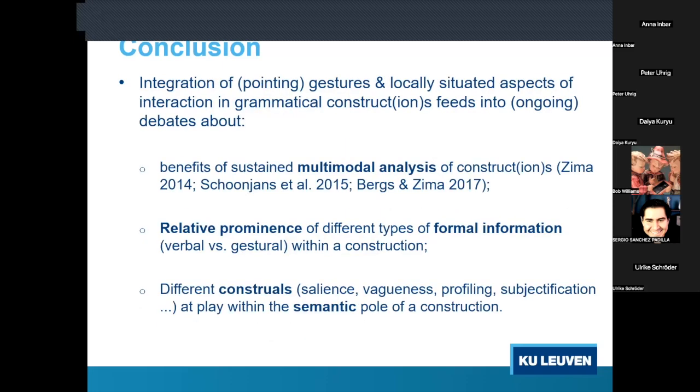So integration of gestures and locally situated aspects of interaction in grammatical construction feeds into ongoing debates about multimodal analysis of constructions. Can we identify things like multimodal constructions? I should say yes, if we continue looking at the importance of pointing gesture.